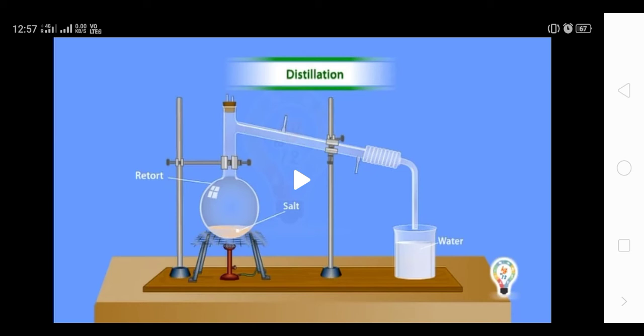Means one pipe is connected directly to the tap from which running water will pass through this condenser and it will cool down the vapors of water. And the last is the beaker or the collecting flask in which the purest form of water, or the distilled water, is collected.